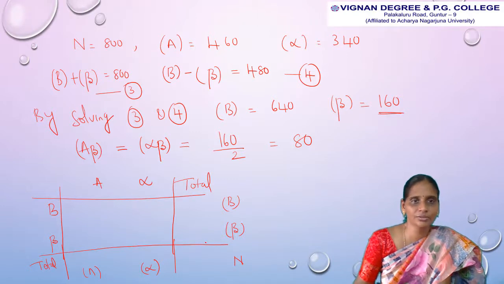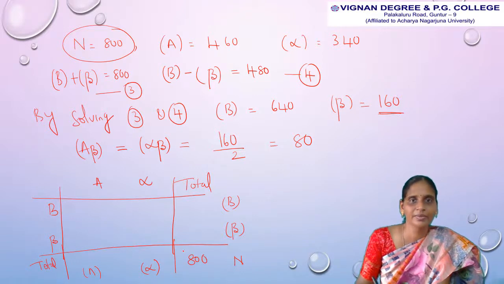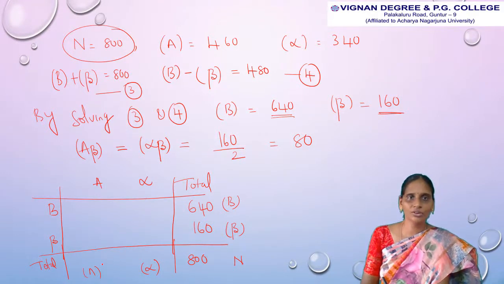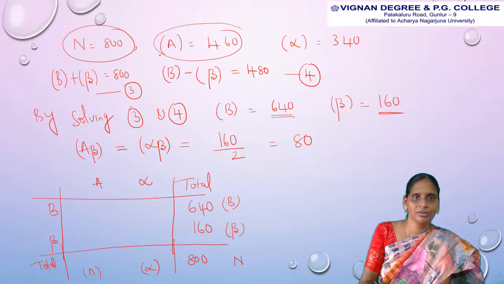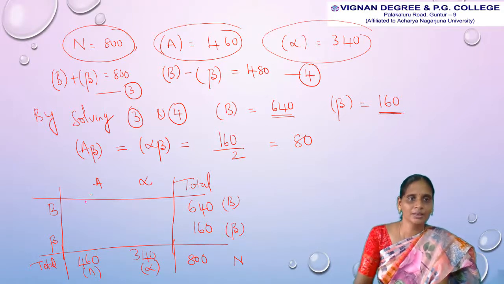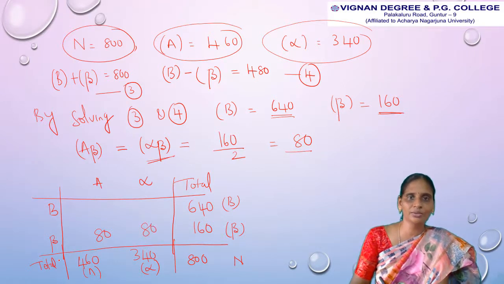Here total N, the value given in the problem, that is 800, and frequency of B value is 640, frequency of A beta value is 160, frequency of A value is 460, frequency of alpha is 340, and boys' failures are 80 and girls' failures are also 80. That is alpha beta, frequency of alpha beta is 80.